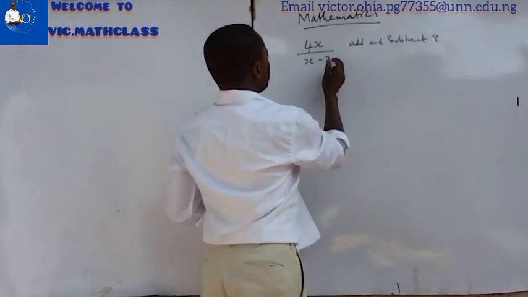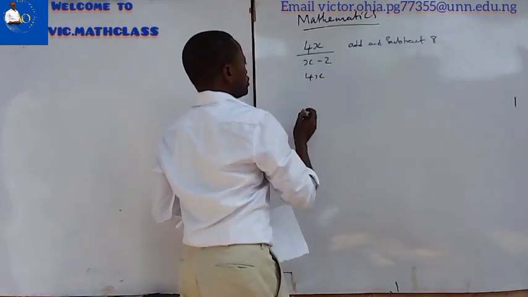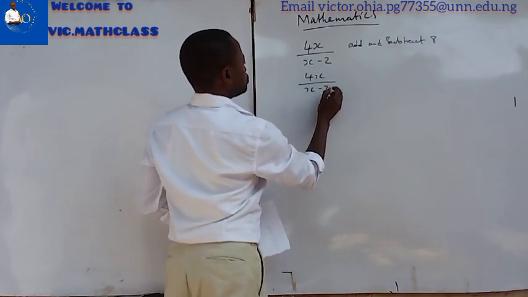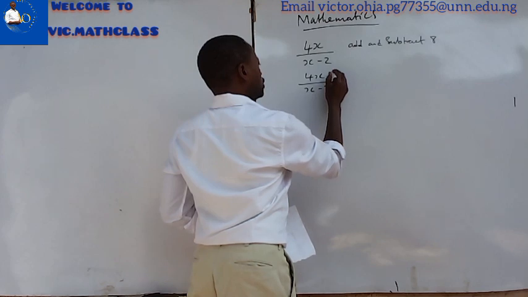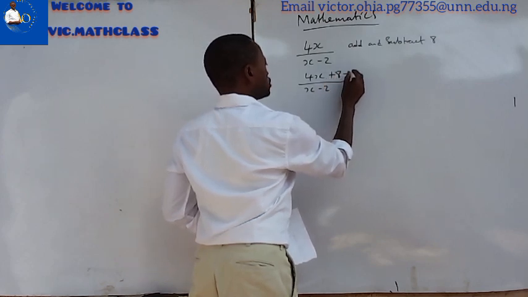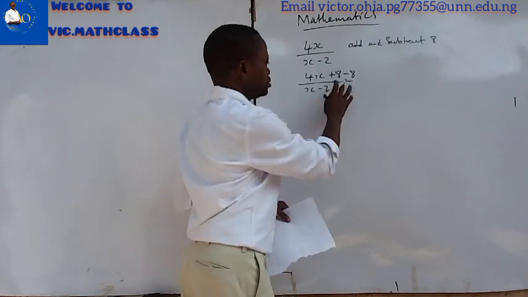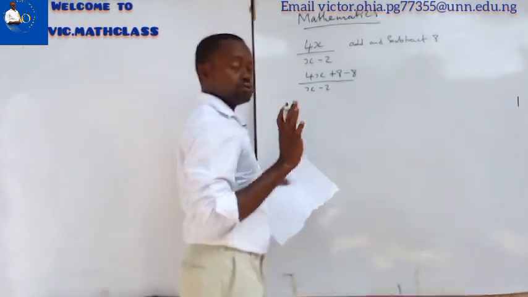So if I add here, I can write this: 4x over x minus 2, then plus 8 minus 8. I didn't commit any blunder, because 8 minus 8 is 0, so no harm.